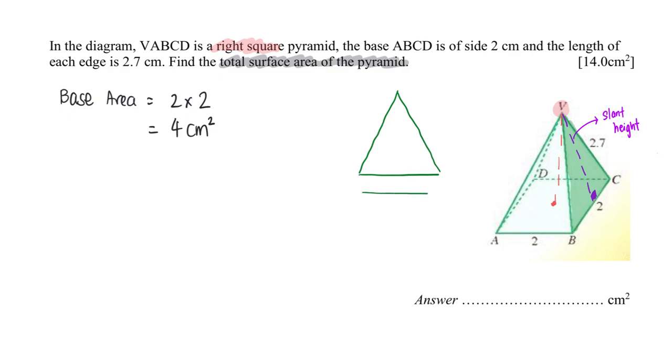So I have this whole thing as 2, I have 2.7 cm here, and I got my perpendicular slant height, which I'm going to name h. The slant height of the pyramid, h, happens to be the height of this triangle face here.